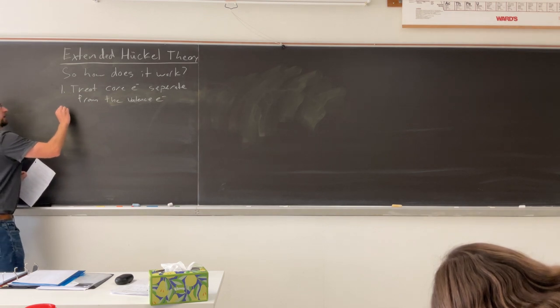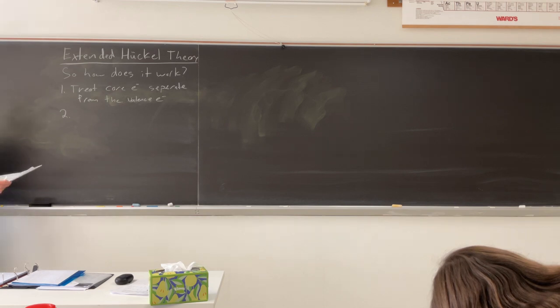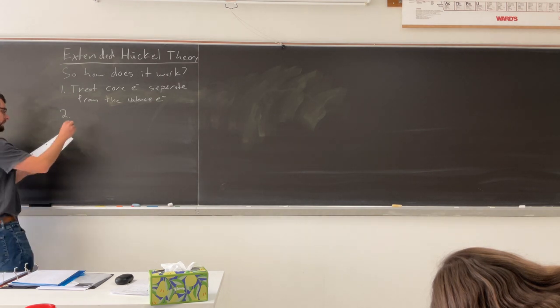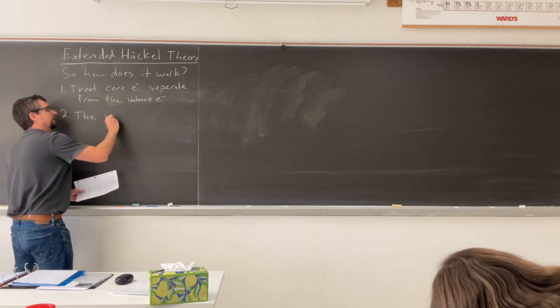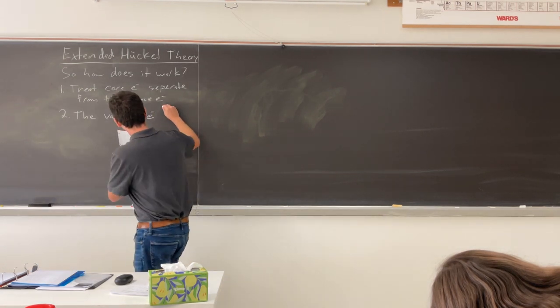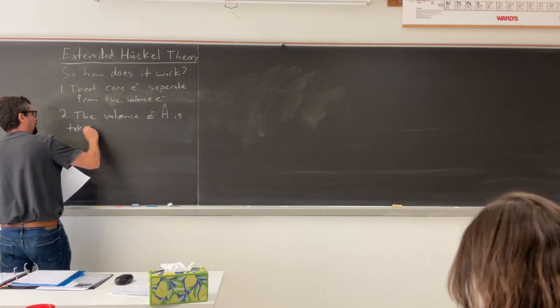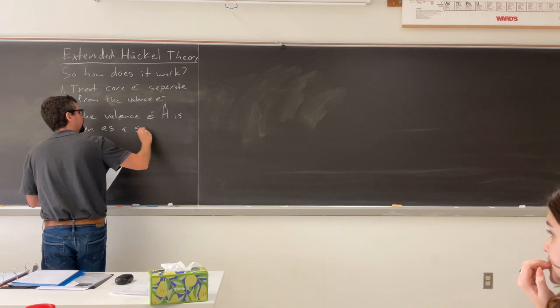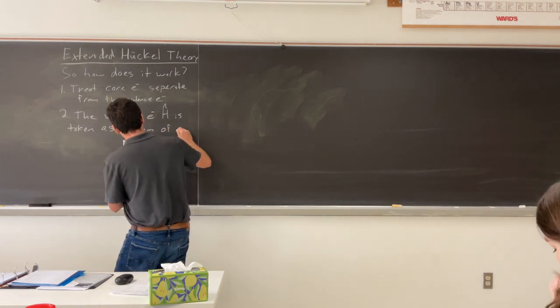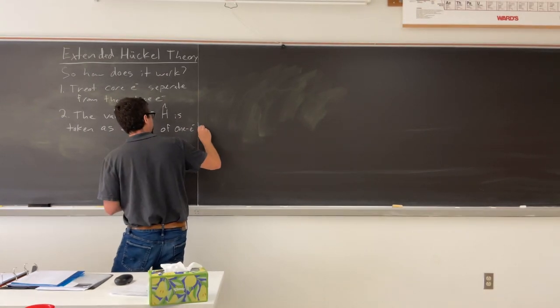The next thing we're going to do is consider the valence electrons, and their energy is the sum of one electron Hamiltonians. So the valence electrons' Hamiltonian is taken as a sum of one electron Hamiltonians.